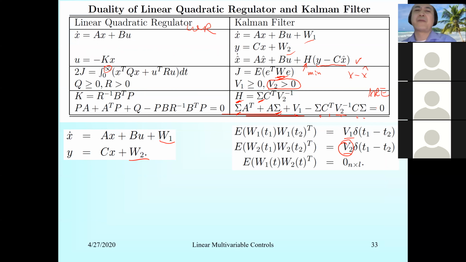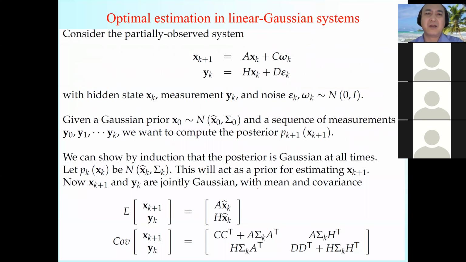So from left and right, you see a one-to-one relationship. Therefore, sometimes we call this certainty equivalence, or some duality. But remember, these are the noises. We don't put any control in here. So this is just a steady evolution and observation.